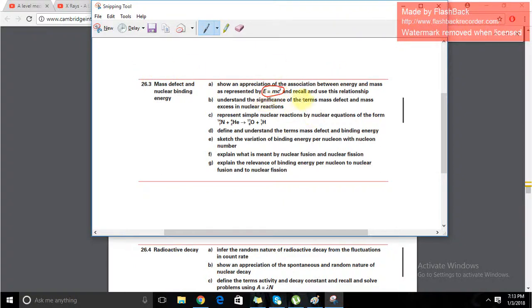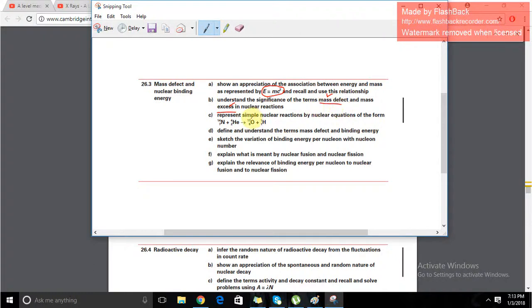You have to understand the significance of the terms mass defect and mass excess in nuclear reactions. Mass excess is basically the exact opposite of defect. Defect is when you have a decrease, excess is when you have an increase. Same principle applied slightly differently.